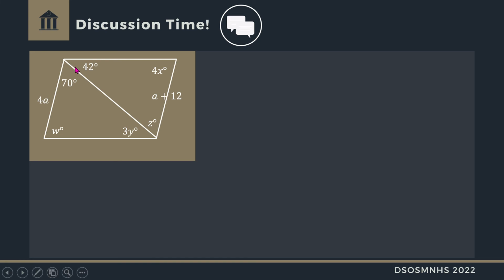So looking at the upper right triangle, 42 plus 4x plus z degrees, if you add them, that is exactly 180 degrees. Same with 70, 3y, and w, which is 180 degrees. So let us start answering. We start with angle Z.